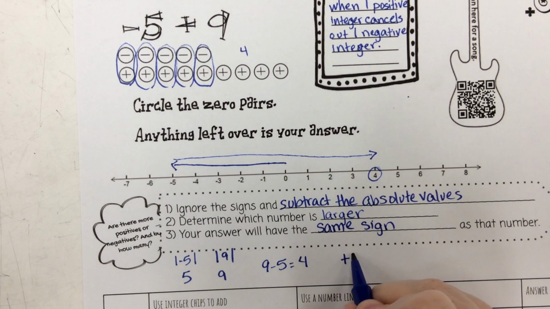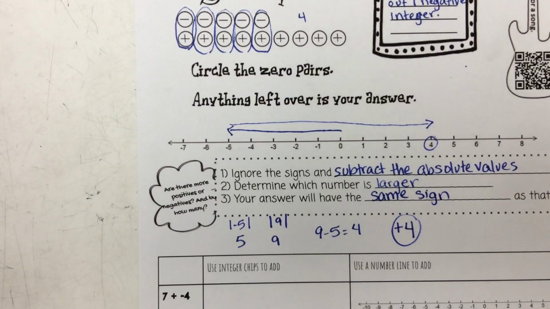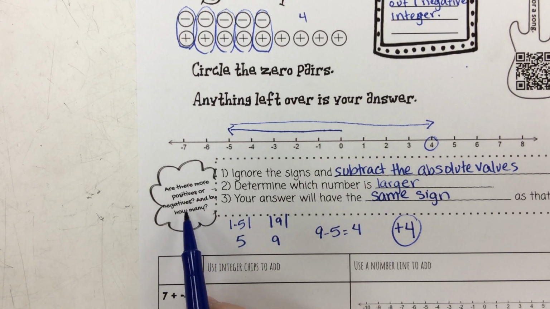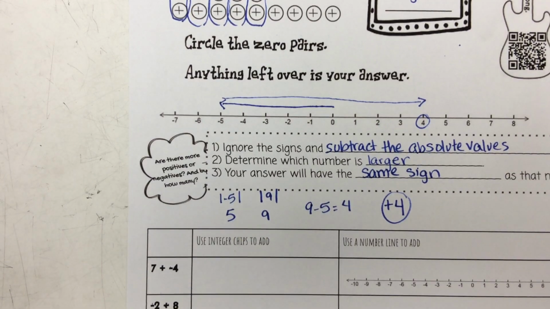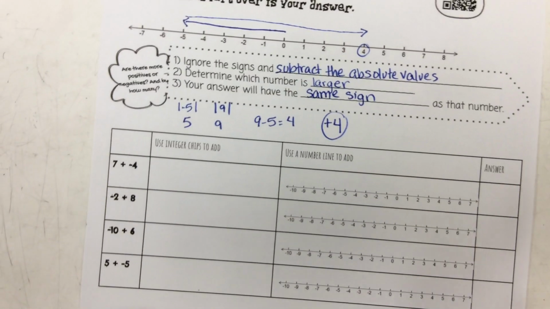So my answer is positive 4. Okay? So basically, if you look right here, it just says, are there more positives or more negatives, and by how many? We want to know how many more there are. Are there more good guys or more bad guys? All right, so here are a few that we're going to practice with.